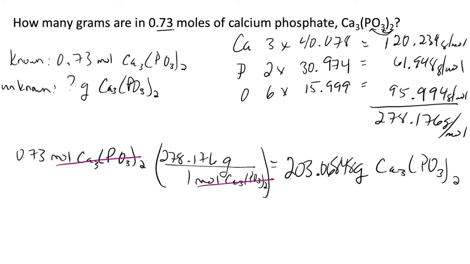And because we have two significant figures, we can write this 2.0 times 10 to the second grams of calcium phosphate.